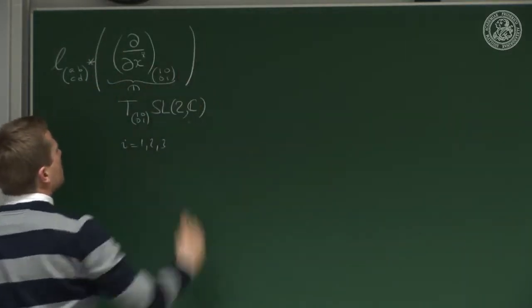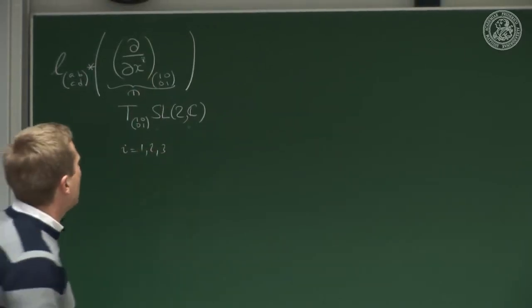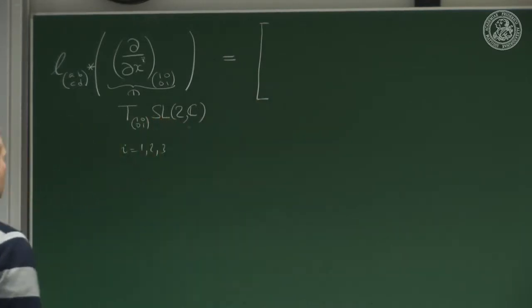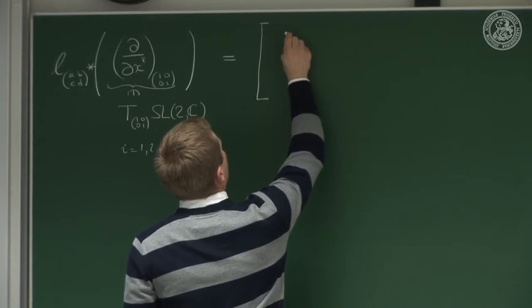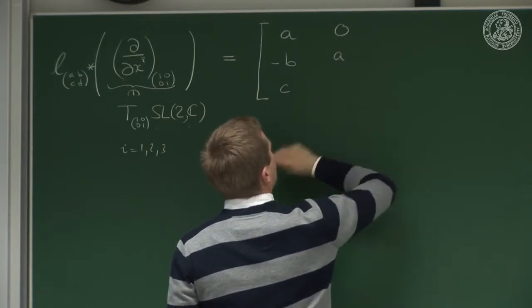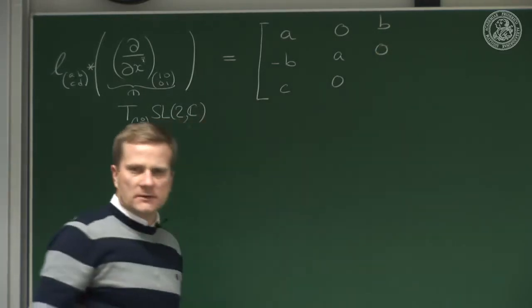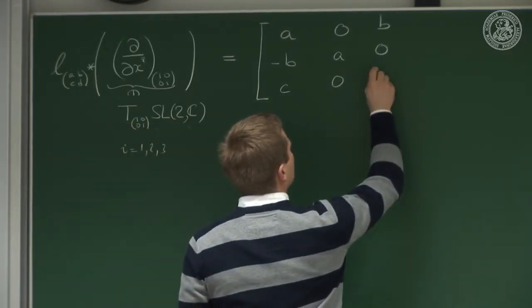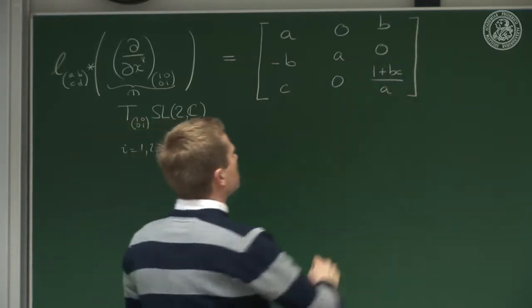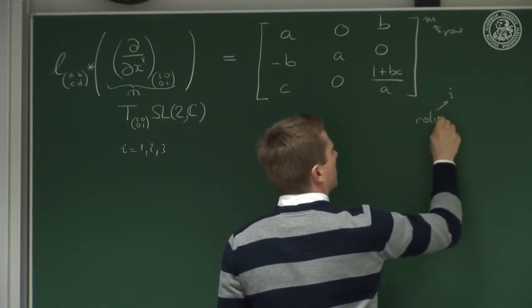So we apply this to the first, second, and third tangent vector at the identity, and we found already last time that this gives rise to the following left invariant vector field on SL2C: A minus B C 0 A 0 B 0, and this is D. But in the coordinate chart chosen, the first coordinate chart we constructed, this is 1 plus BC over A. But this is just a symmetry of numbers where M is the row and I indicates the column.